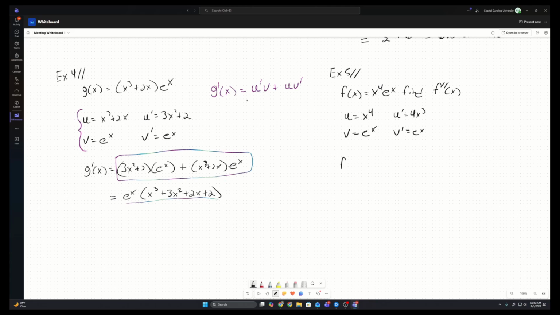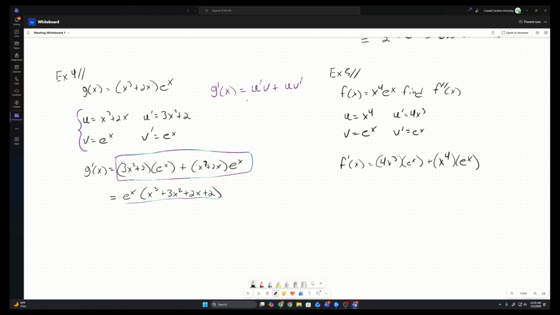So if I do f prime, we're going to get 4x cubed times e to the x plus x to the 4th times e to the x.